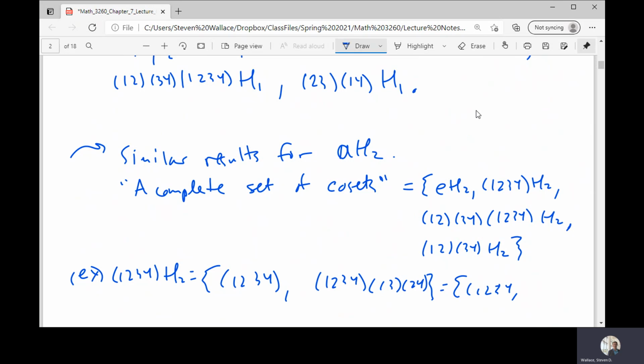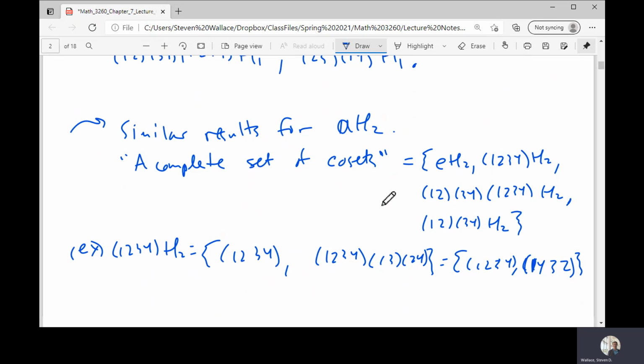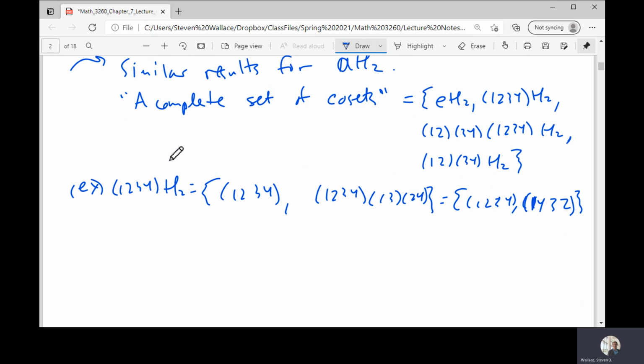So 1 goes to 3, which goes to 4. 4 goes to 2, which goes to 3. 3 goes to 1, which goes to 2. Okay, so it's 2 rotations. Is that the same as this one?